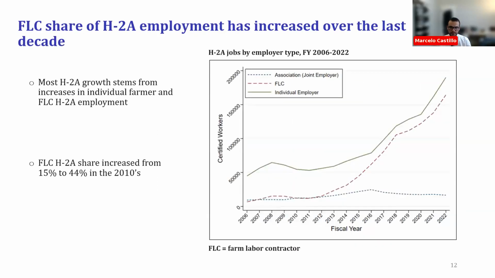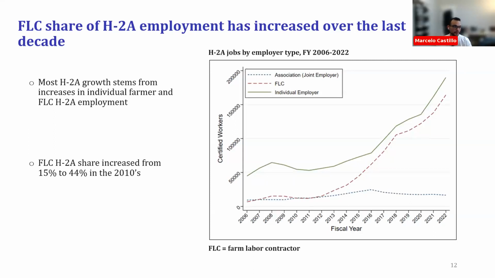Okay, another contribution of our report is to show that strong FLC participation in the H2A program is a relatively new occurrence. In this figure, we show trends in H2A jobs by type of employer from 2006 to 2022. We can see how the growth in overall H2A employment stems from growth in individual employers here in green, and growth in FLCs here in red.